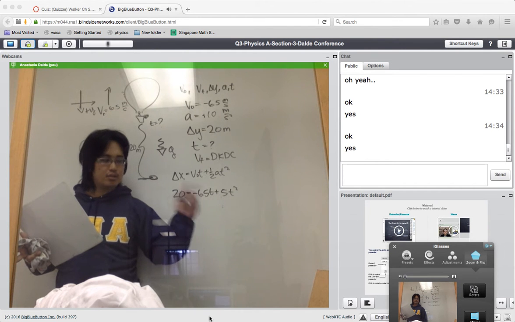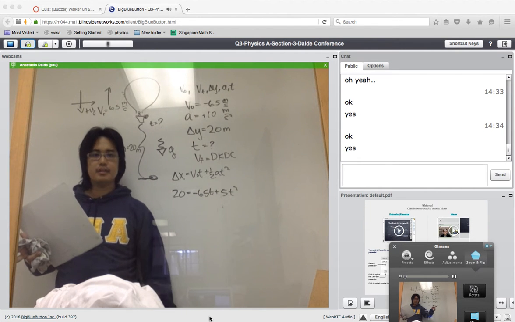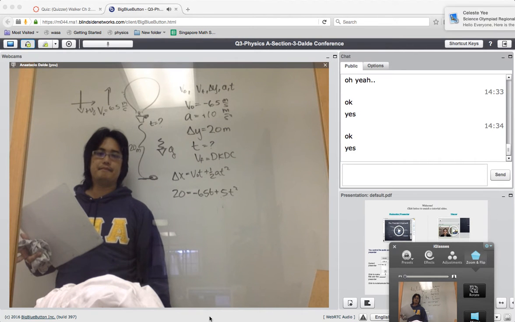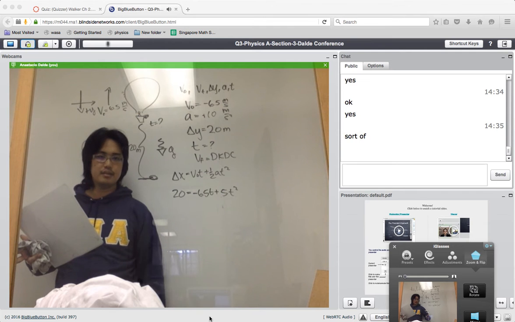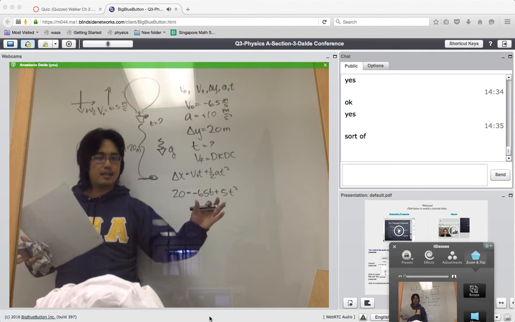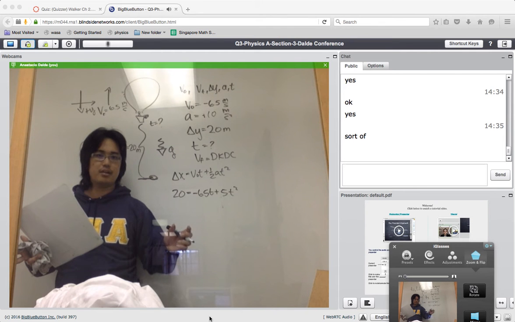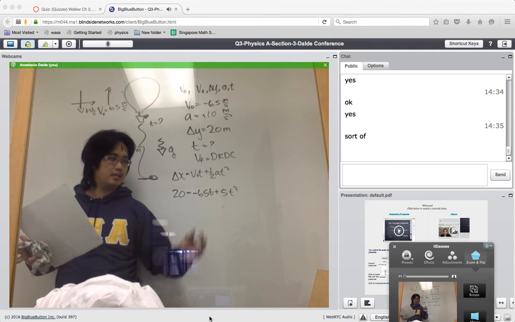And then to solve this, do you know how to solve for t in this particular problem? Maybe, maybe not. Say I don't know or say yes. Sort of. Okay, I'll tell you what, I'm going to move things around a little bit and maybe you might recognize it.